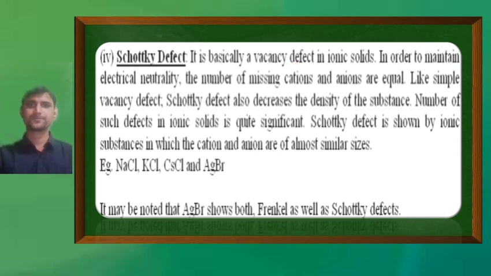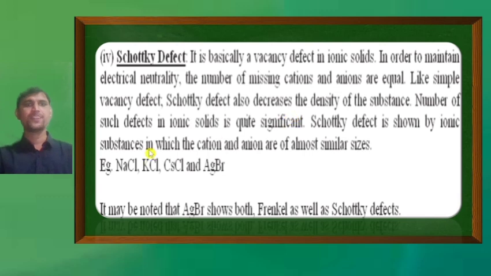In this defect, there is a missing of equal number of positive and negative ions. This is a very important point. Cations and anions are missing, and that's why a vacancy is created, and Schottky defect decreases the density of the substance.